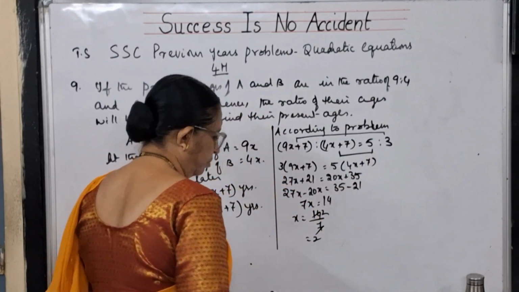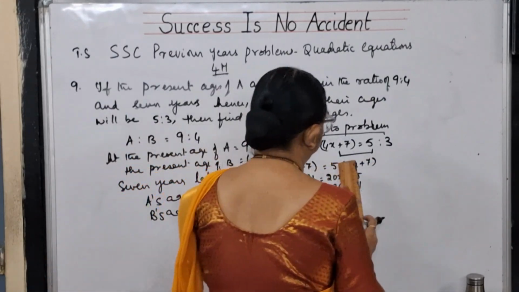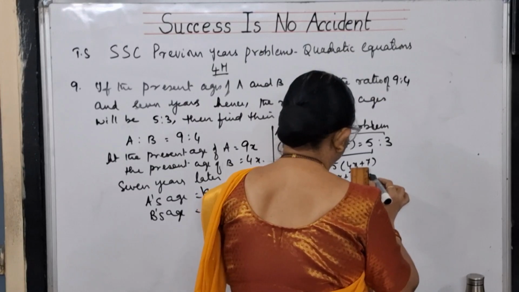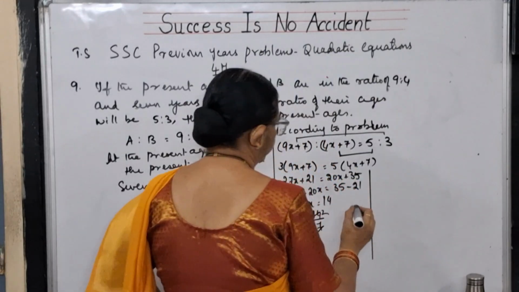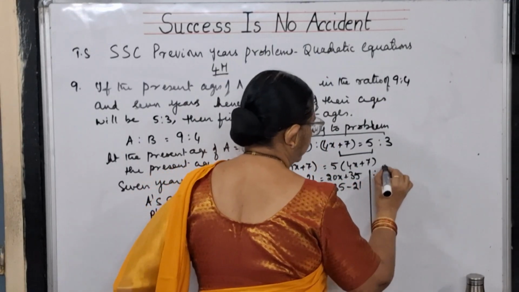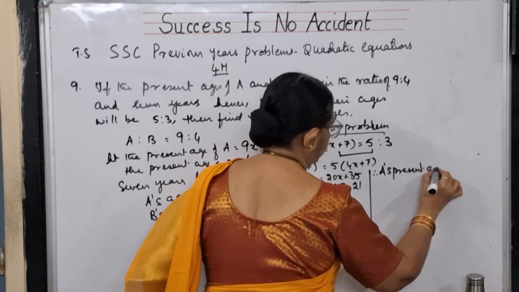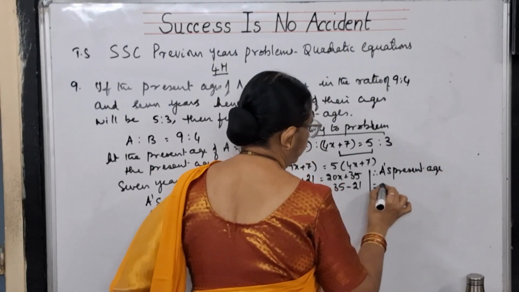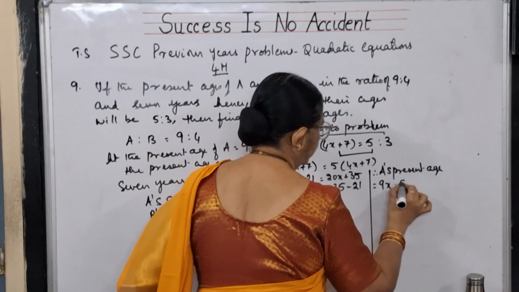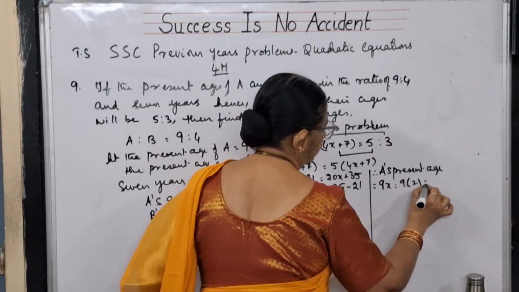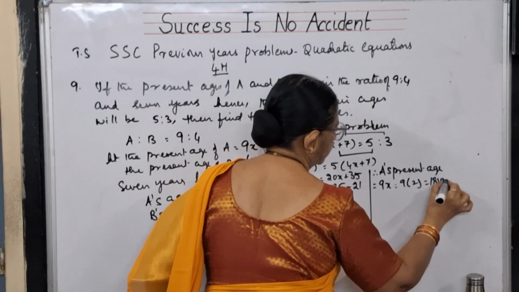That means, therefore, A's present age is equal to 9x, no? That is equal to 9 into 2, 18 years.